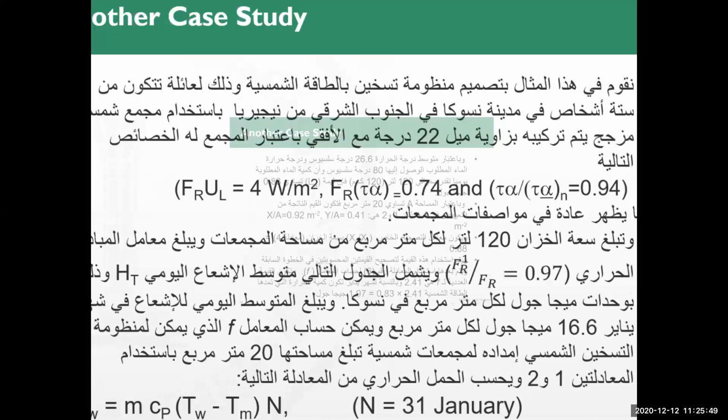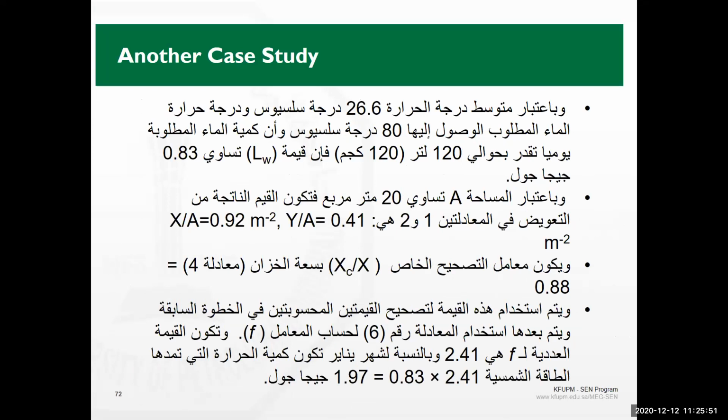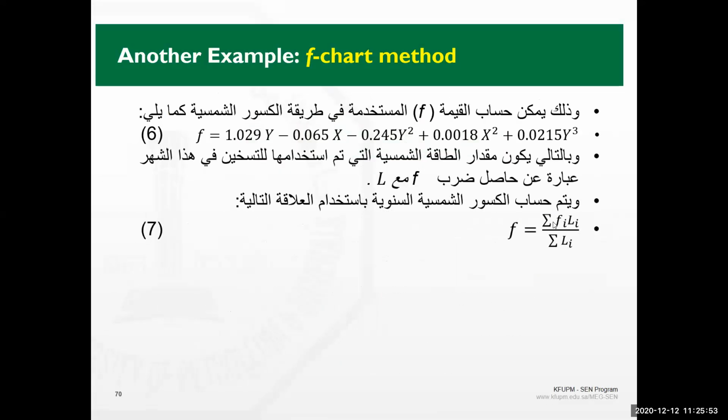I'll get you back to the equation that I was referring to, that at the end, we are looking for this. The solar fraction is sigma Fi Li divided by sigma Li, which is basically how much of the load that we need we can afford solar energy to provide, and this has been done all over the year.